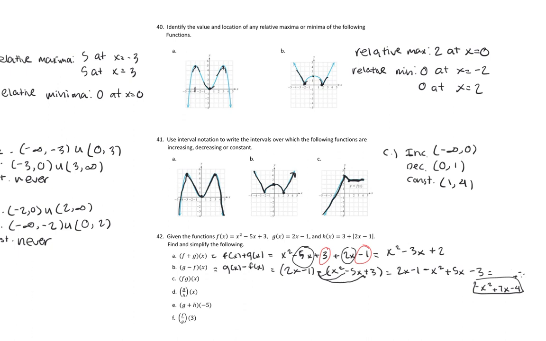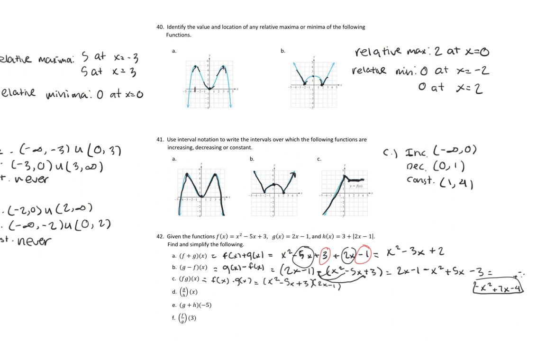All right, so for part C, it asks for f times g of x. So we know that that's going to be f of x multiplied by g of x. So that's going to give us x squared minus 5x plus 3 times 2x minus 1.